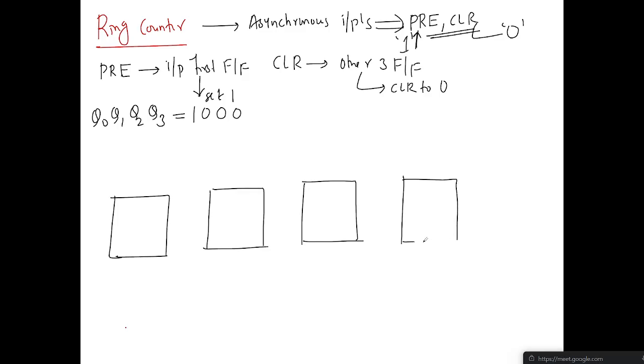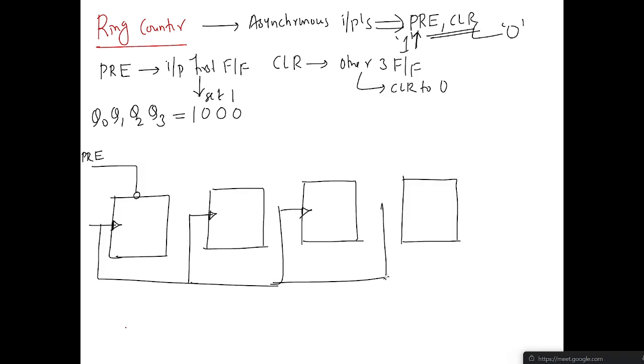Here, the first flip flop is given the preset, an active low signal. And as this is a synchronous sequential circuit, a common clock is given to all the flip flops. This is the clock, and these are D0, Q0, D1, Q1, D2, Q2, D3, and Q3.